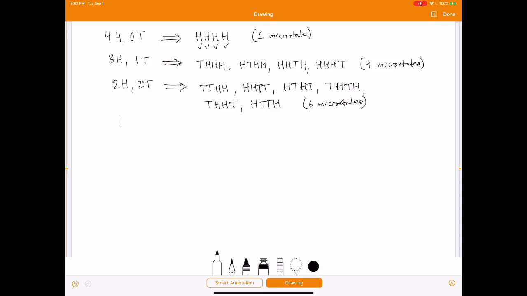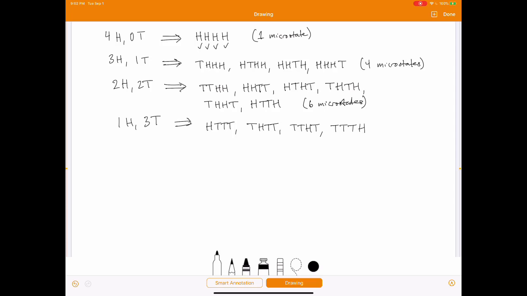Okay, what about 1 heads and 3 tails? Well, that's kind of similar to what we saw before. If you only get heads once, it could happen on the first flip followed by 3 tails, or it can happen on the second flip, so tails, heads, tails, tails. It could happen on the third flip, so tails, tails, heads, tails. Or it could happen on the last flip, so you get tails, tails, tails, heads.